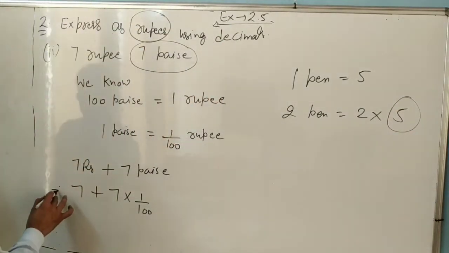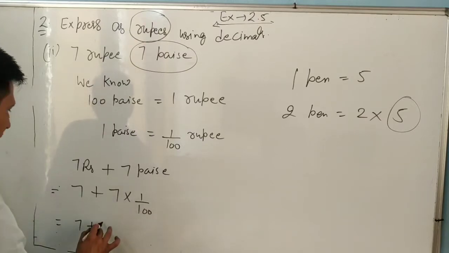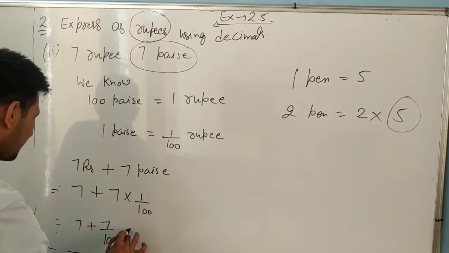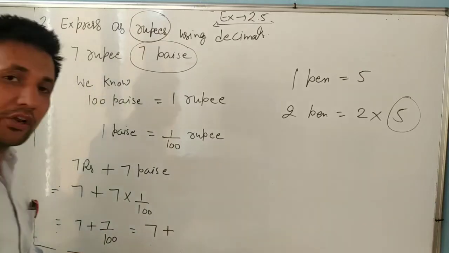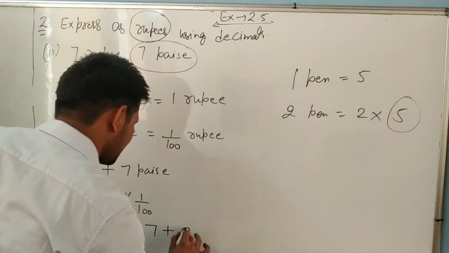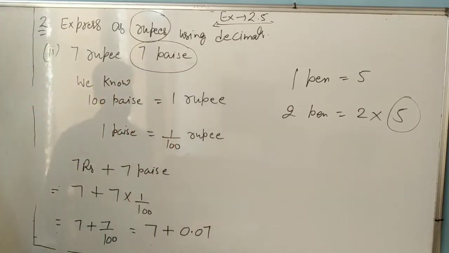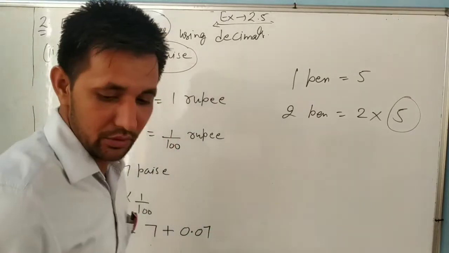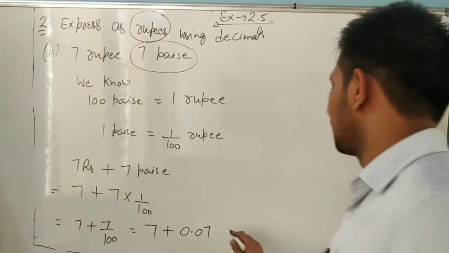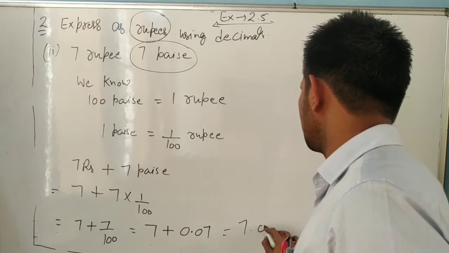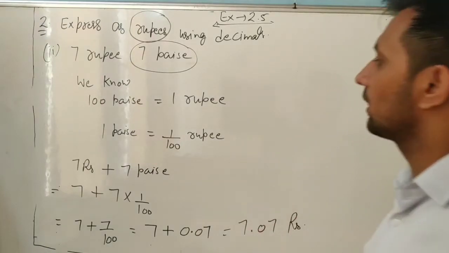So it is 7 plus 7 into 1 by 100, that is 7 by 100. You can write 7 plus, how many zeros in the denominator? 2. Therefore after the decimal there are 2 digits, a 0 and a 7. So you can add yourself. What does it become? 7.07 rupees. It is your answer.